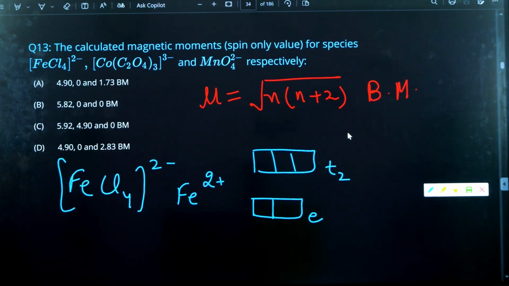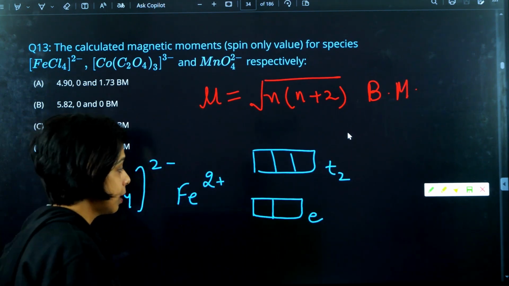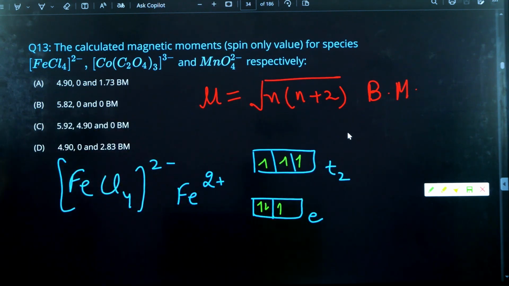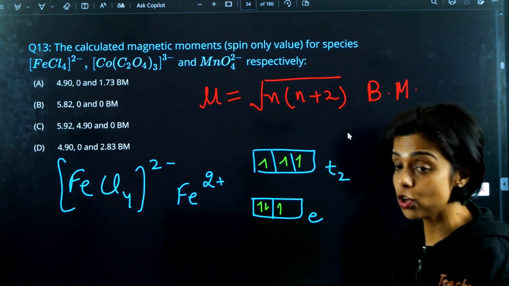And 3d6 configuration is there, right? So we have 6 electrons, and Cl is what kind of ligand, guys? It is a weak field ligand, so it will not do any pairing. 1 2 3 4 5 6. Is this the way the electrons are being filled? Please check. And same you can do for the next, but the next is octahedral, right?